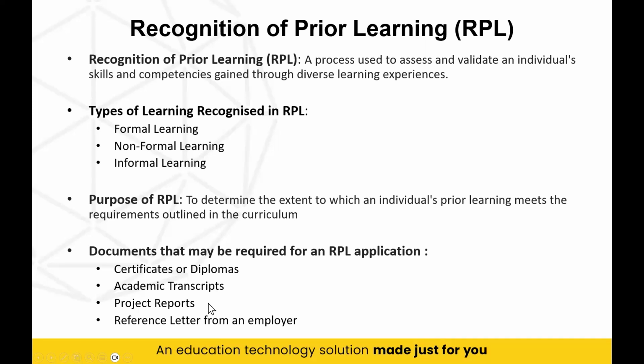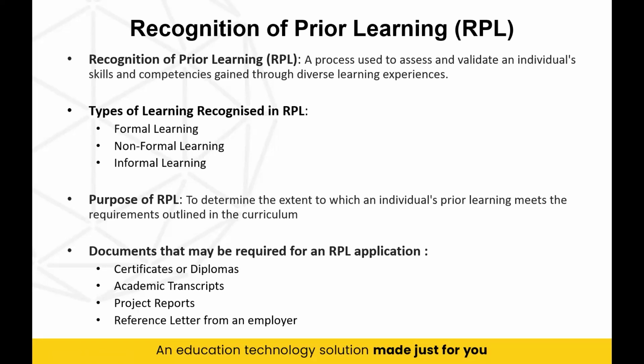If someone says I've done a certain project that is related to this specific subject, they can also show the college the project's report. It is even better if we can obtain a reference letter from an employer. All of these are possible documents. There could be other documents that each individual college would ask for as evidence, but these are some of the most common ones.